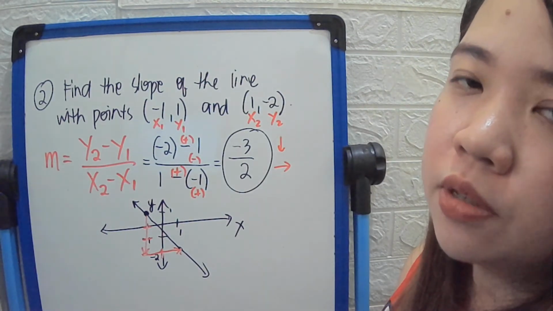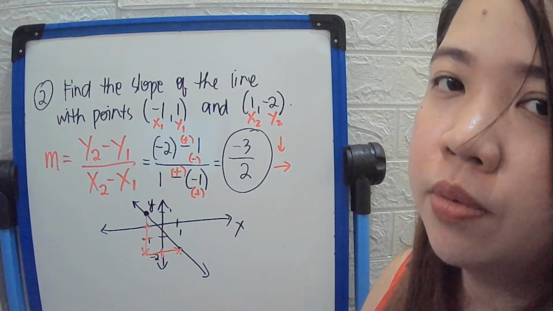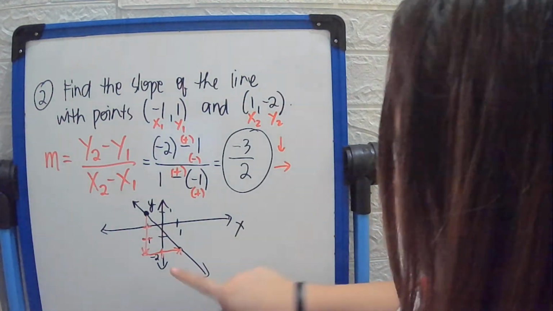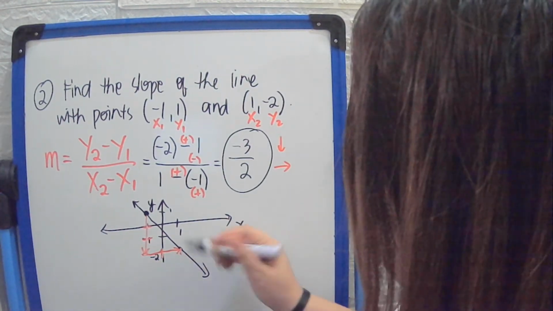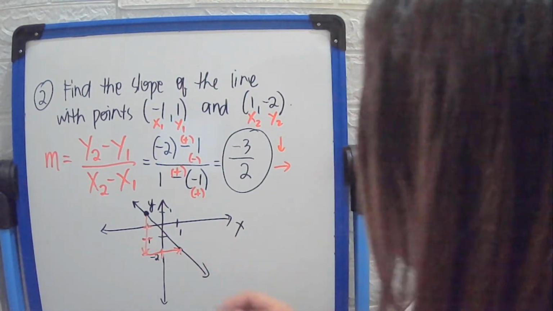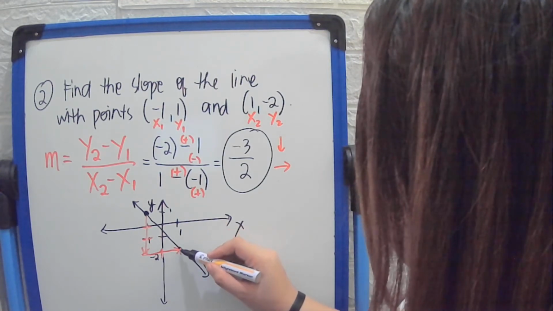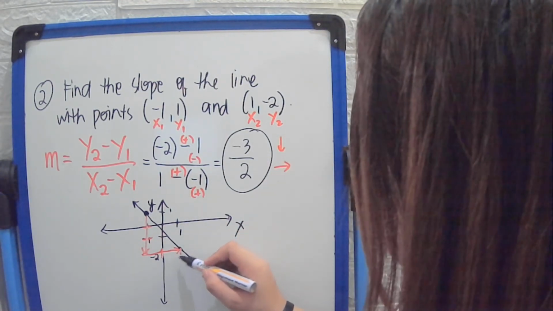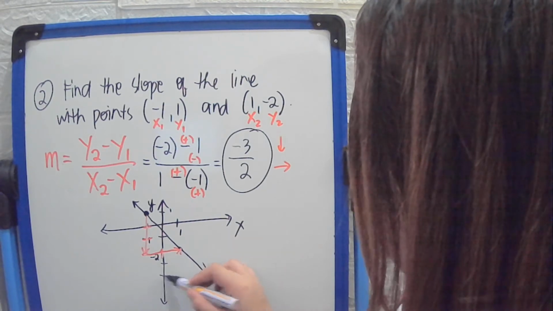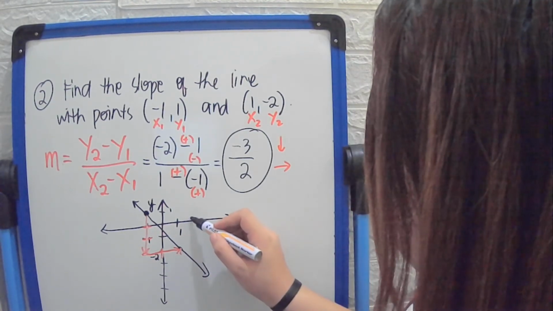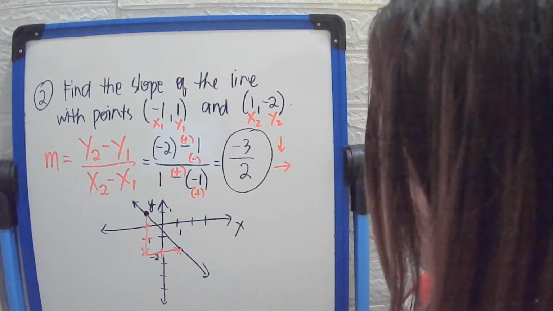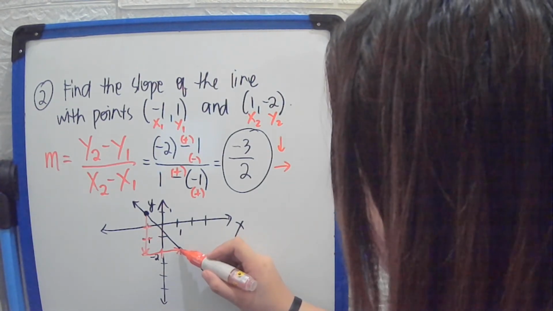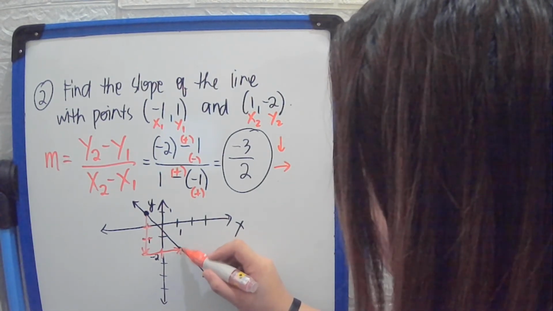So, if you are asked to identify kung nasaan yung isa pang point, so, lagpasan lang natin to kung gusto mo bumaba ulit. So, from here, you go down 3 times. So, that will be 1, 2, 3. Okay? So, you go down 3 times from this point kasi ito na yung next point natin.